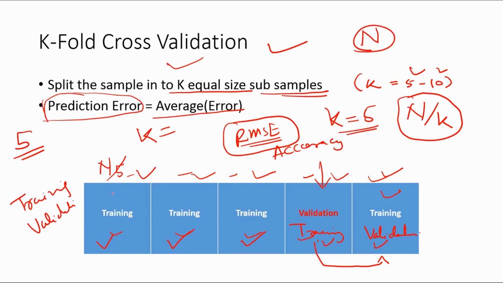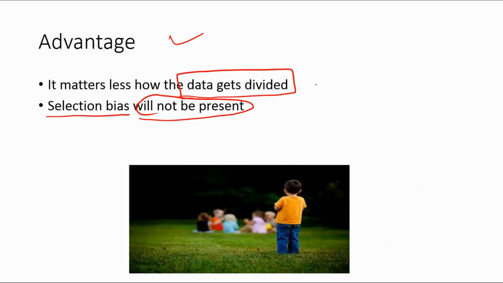Similarly, a training set can also be any of the splits. So every data point present in the sample will be a part of the training data and will also be a part of the validation data. Hence, this way of cross validating is free from sample bias or selection bias.